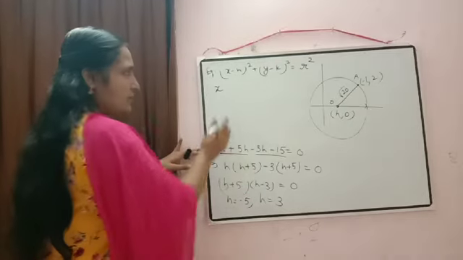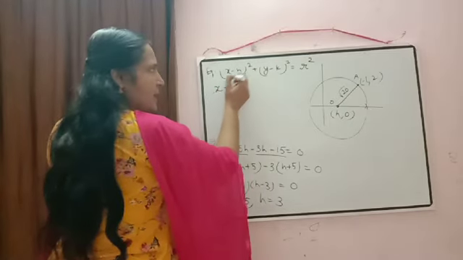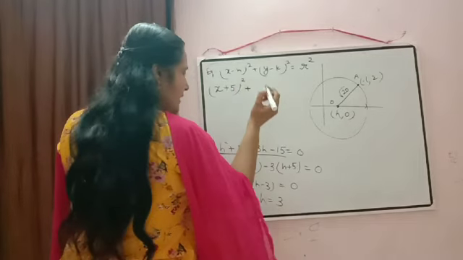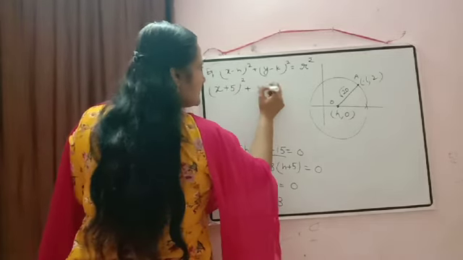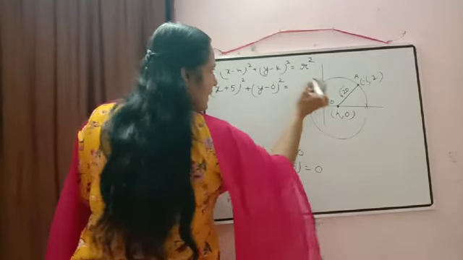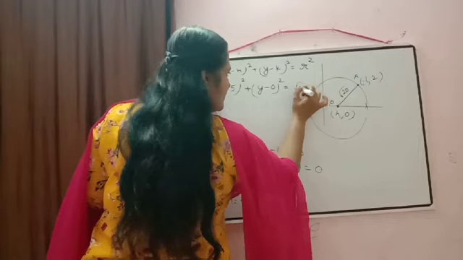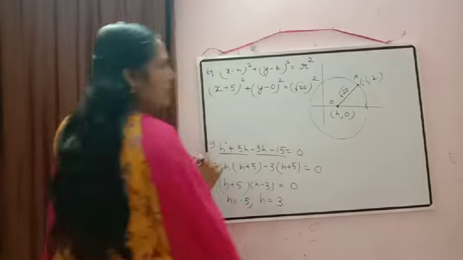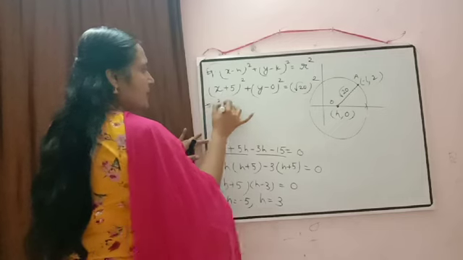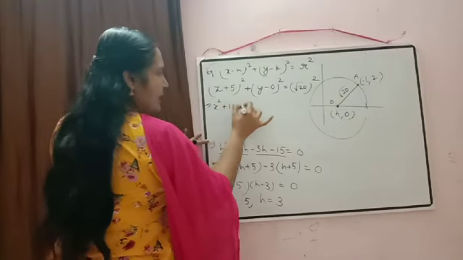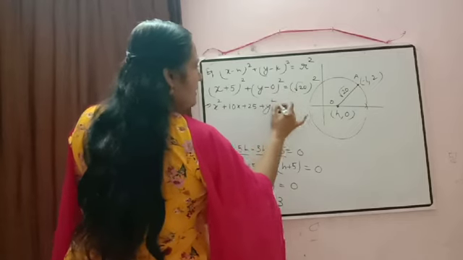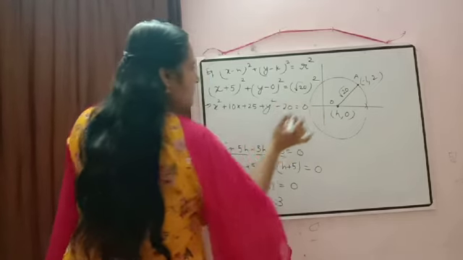Then it will be x plus 5 the whole square plus y minus 0, since the value of k is 0 because it is on the x-axis, equal to r square. The radius is root 20, root 20 the whole square. Now simplify it. What will come? x square plus 10x plus 25 plus y square minus 20 is equal to 0.